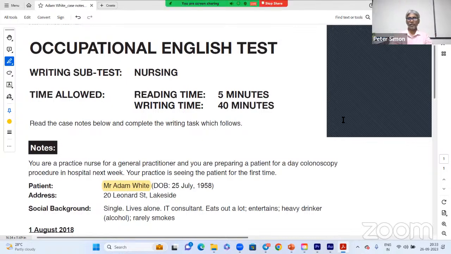Now, next, to whom are you writing this letter? That means who is receiving this letter?